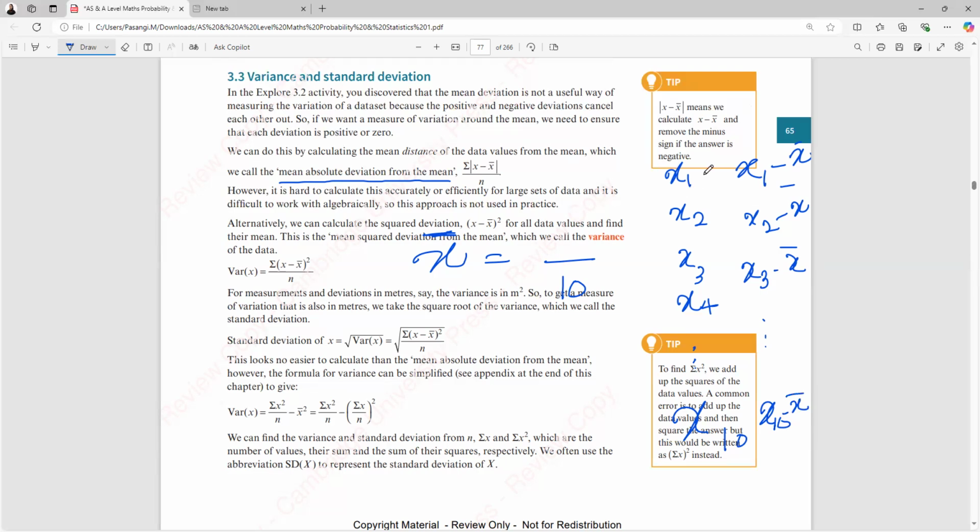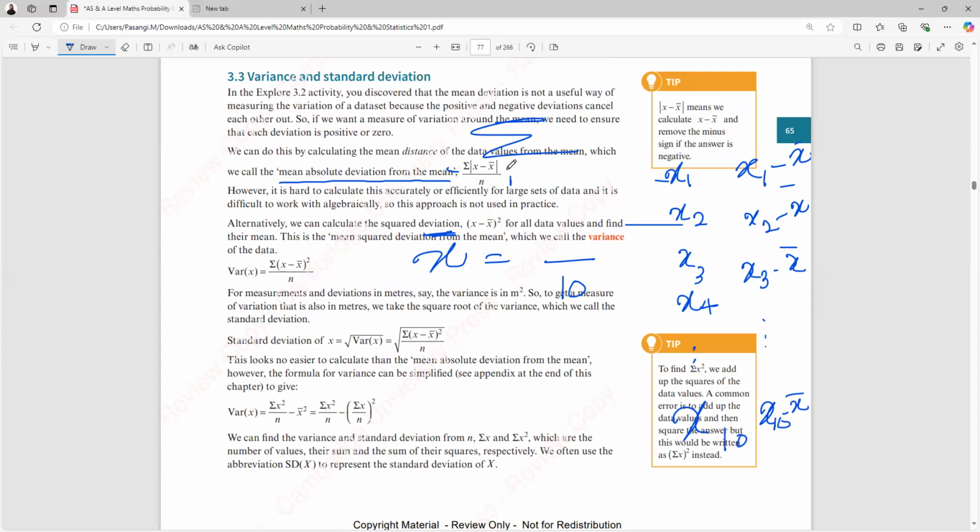Then we need to add all these differences, so now all the values will be positive. We add all these values together and divide by the number of elements again. Number of elements here for the example is 10. That's what they have mentioned in these notations.